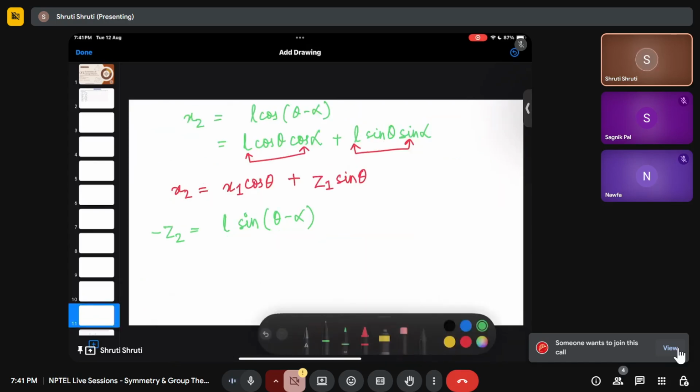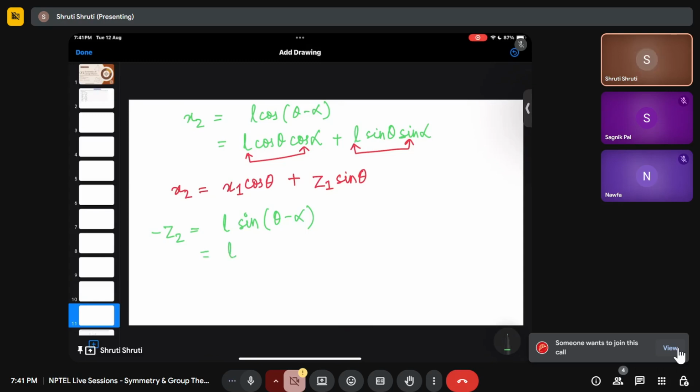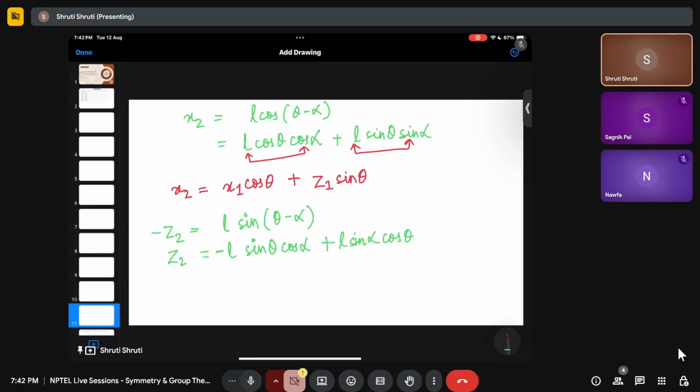Now use that formula: L sin theta cos alpha minus sin alpha cos theta. Okay. Now if I put this minus sign over here, it will be plus.